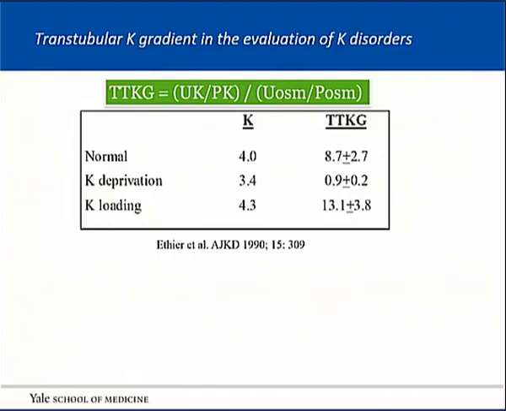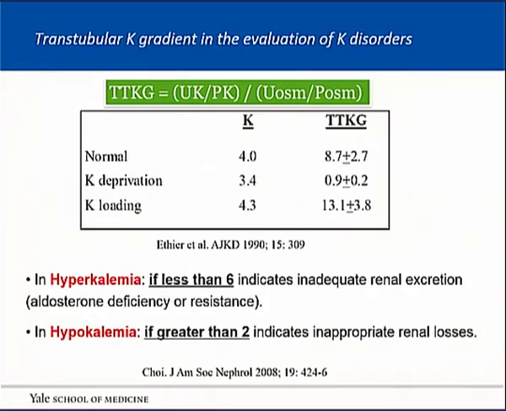How can you figure out which of these is mostly operative? Well, you need to measure how the kidney is handling potassium. And one way to do it is by calculating the transtubular potassium gradient. If you have a situation of hyperkalemia, you want to see the kidney dumping a lot of potassium. So if you calculate the TTKG and it is less than 6, it tells you that there's not enough potassium being thrown into the urine, so that patient does not have adequate renal excretion.